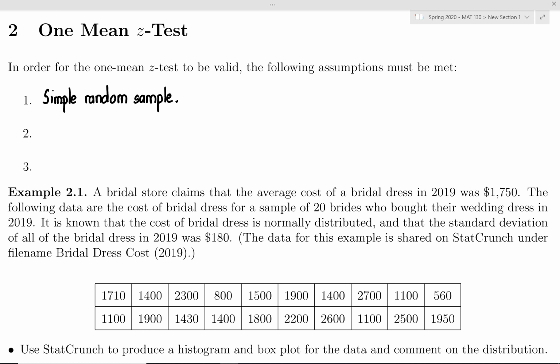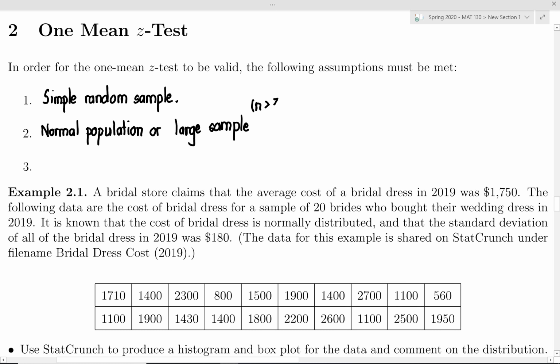The other assumption is that either the population should be normal, so the entire population should be normally distributed, or we should have a large sample. Large sample means n, our sample size, should be bigger than 30.